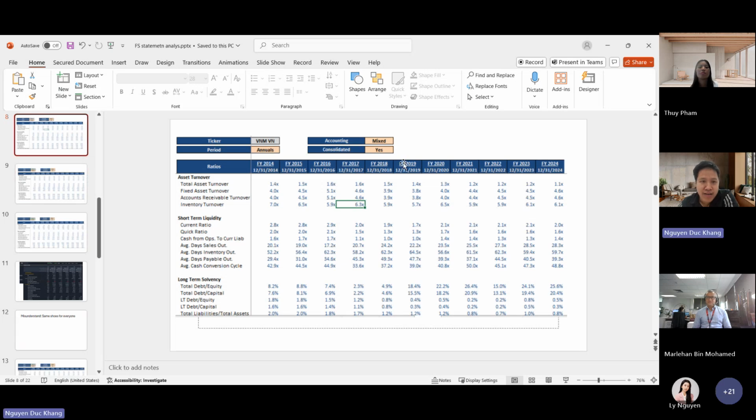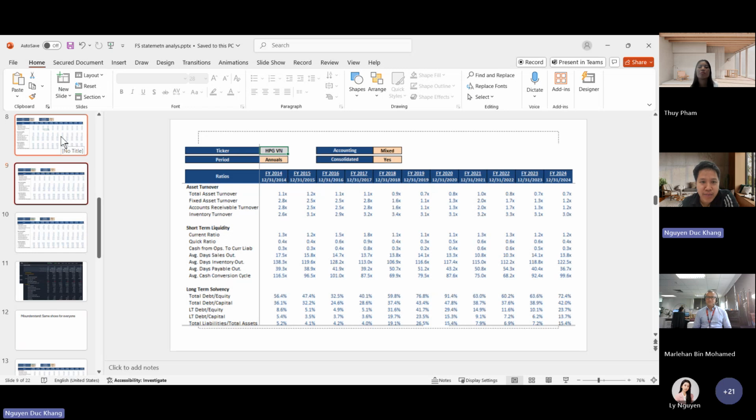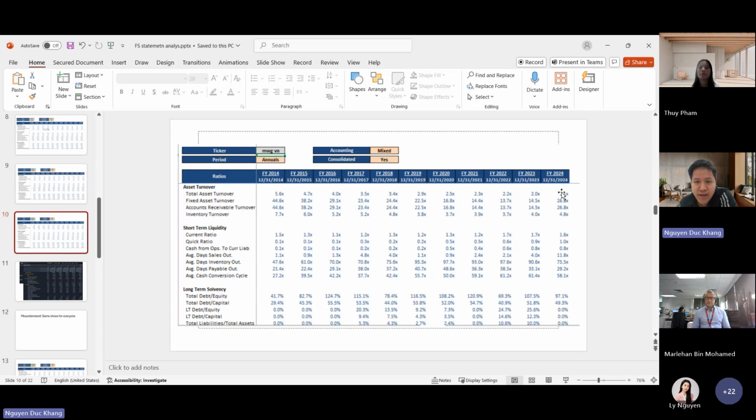For example, in these three companies, I don't want to mention too many companies. First, on asset turnover, HPG has the lowest, only 0.7 times per year, and of course Mobile World has the highest at 2.1.